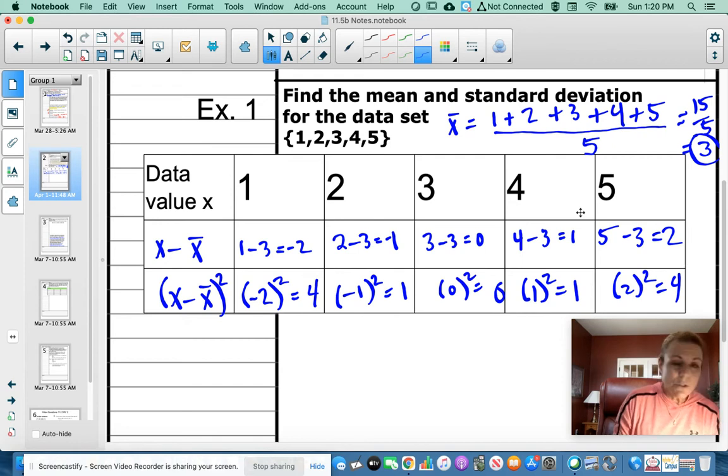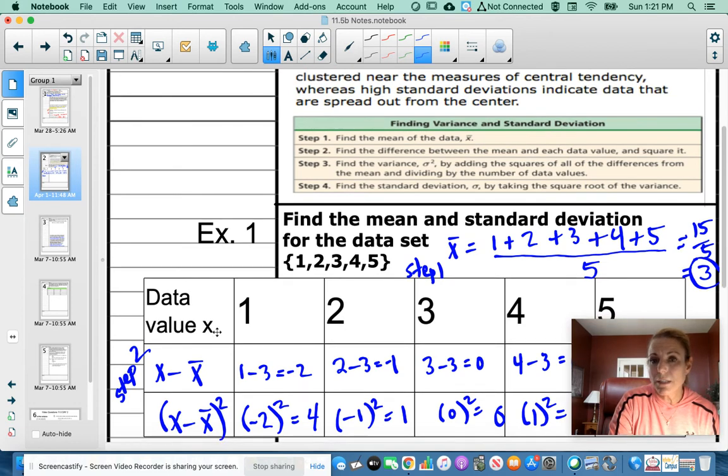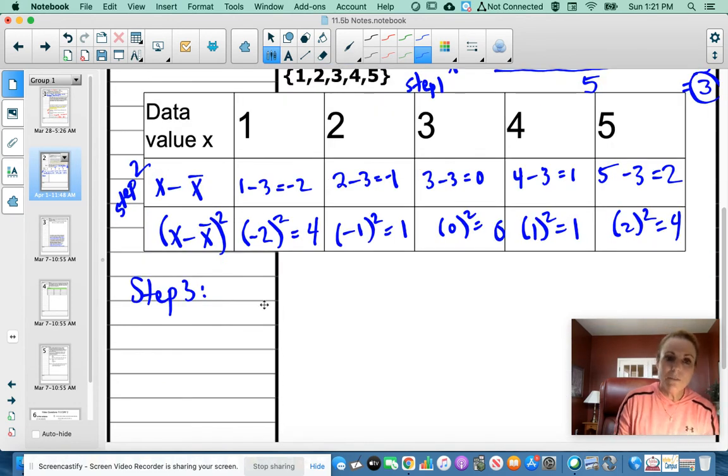Now let me just do these little, this was step 1. Over here, this whole thing is our step 2, and our step 3 says that we're going to add all of the squares of all the differences together and divide by the number of data values.